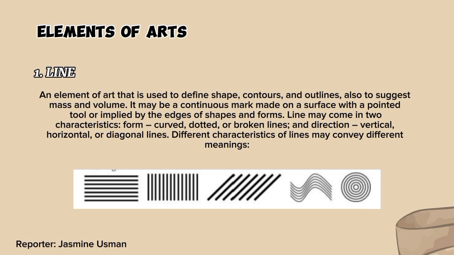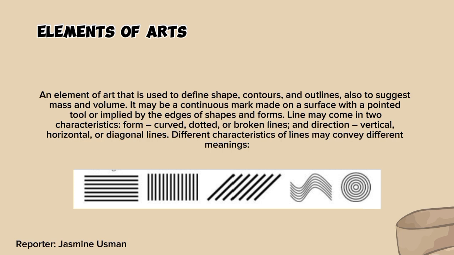So, in simpler terms, the statement is highlighting that the different characteristics of lines, such as whether they are straight or curved, solid or broken, and their direction, can communicate different ideas or emotions in art.